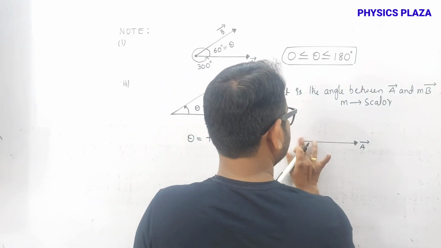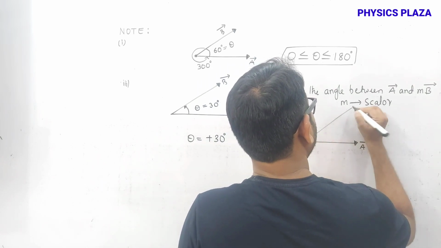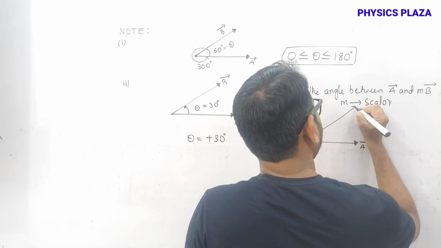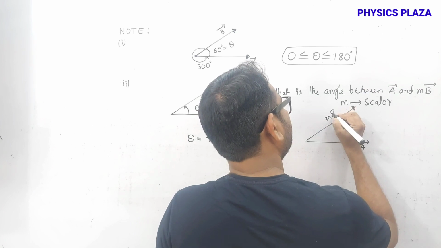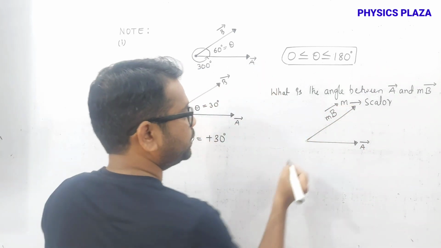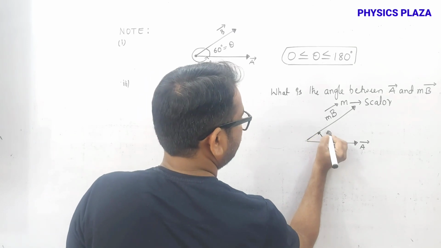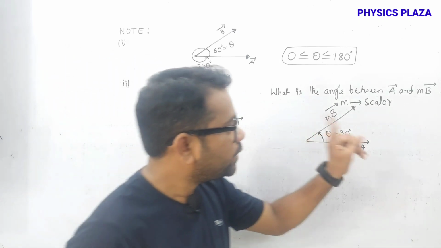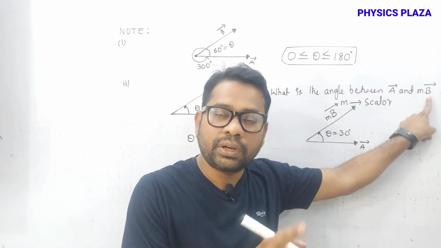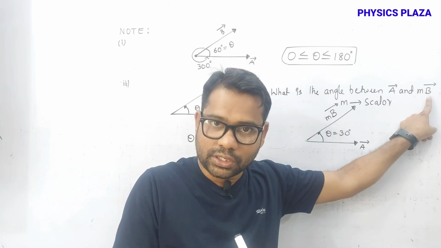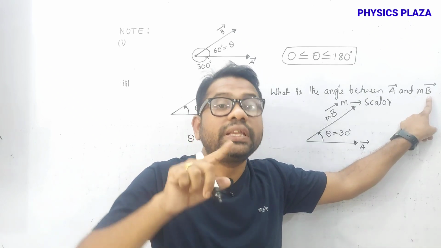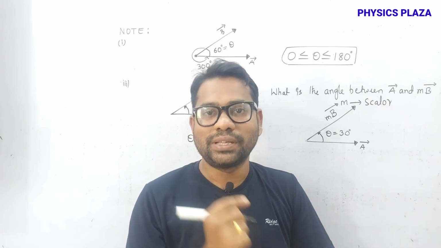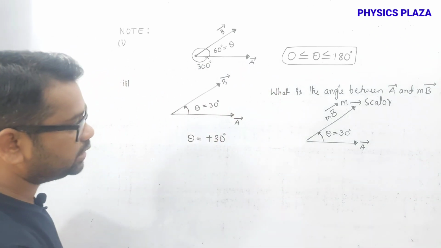So this is M times vector B. Here the angle remains theta only, that is 30 degrees, in the positive direction. Whenever we multiply any vector with a number or a scalar, its direction won't change, only its magnitude is increased by that many times. If M, then M times; if N, then N times; if 10, then 10 times. Clear? Fine.